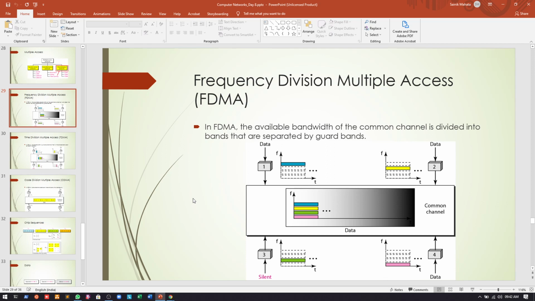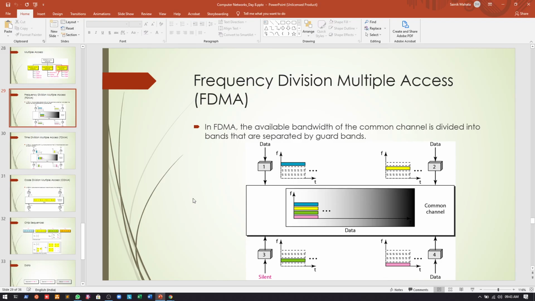If Red FM uses a separate frequency, then Radio Mirchi will use another separate frequency, and so on, right? If 91.2 is one FM station, you will not see 91.3 given to another station. Why? Because we need to separate one station from another, and this separation of frequency is nothing but the guard bands we are talking about.